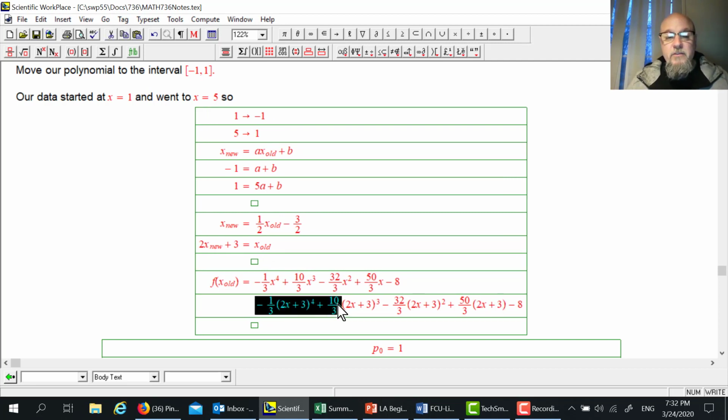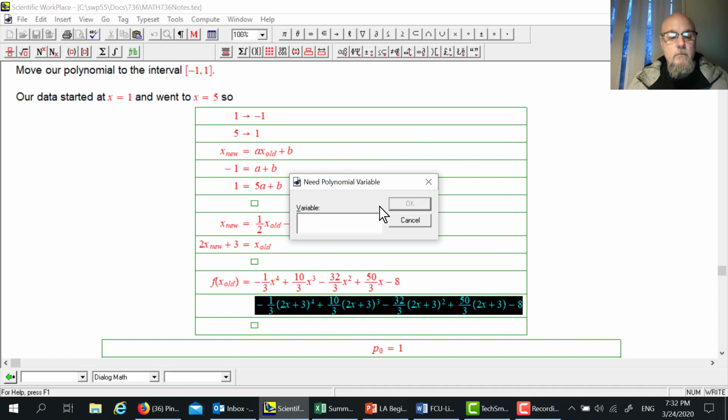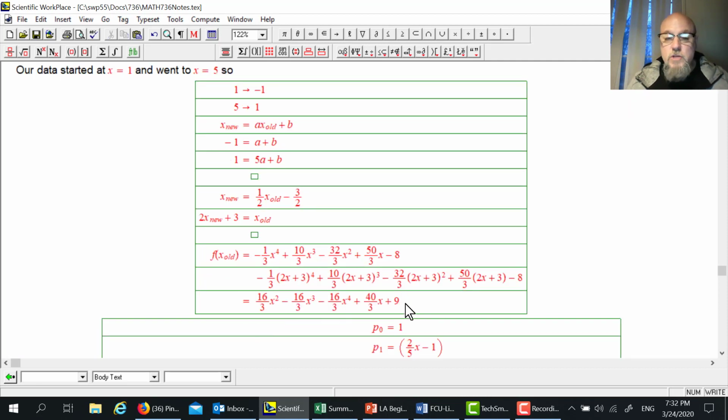And now let's clean this up and simplify it. This should be the same polynomial but squished and moved over. Let's just check it out.